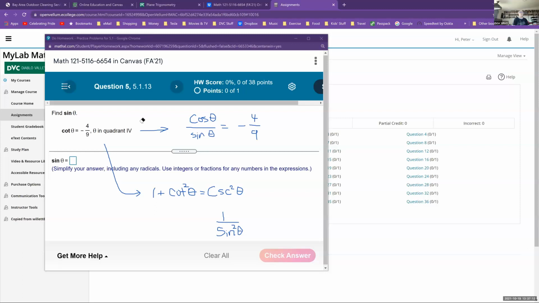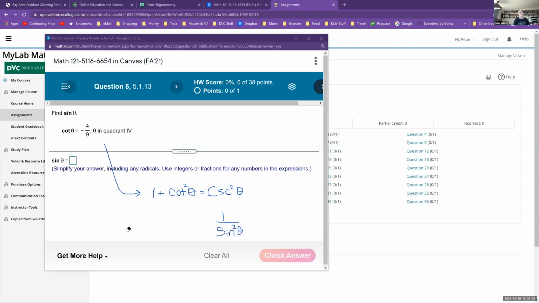So in this case, I don't think this will help us, even though we could use it, but we don't need to. So from the Pythagorean theorem, one of these identities, we can go from cotangent to cosecant. Cosecant, by the reciprocal identities, is the flip of sine, and they've asked us for sine.